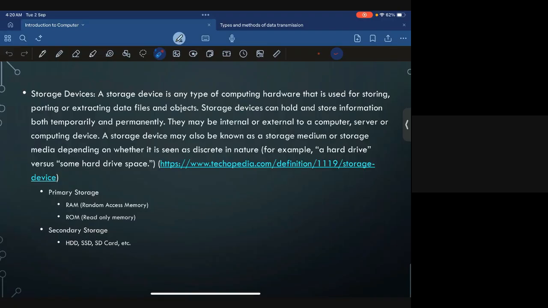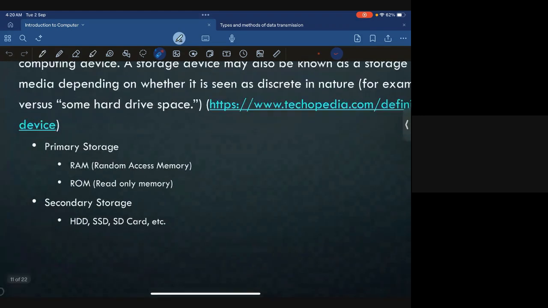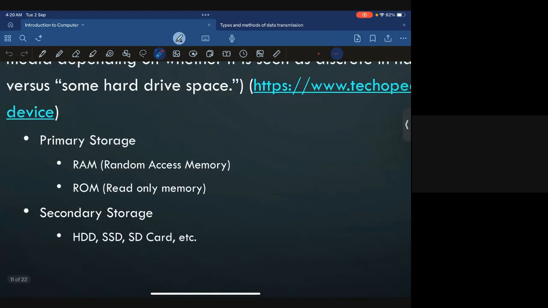As a general idea, storage devices are responsible for storing data. Now, data can be temporary in nature or permanent in nature. It could be categorized as a primary storage device or a secondary storage device. We'll get to that. So just to conclude for now, because this is what we'll discuss in chapter 3 in detail: primary storages are those without which a computer cannot function.